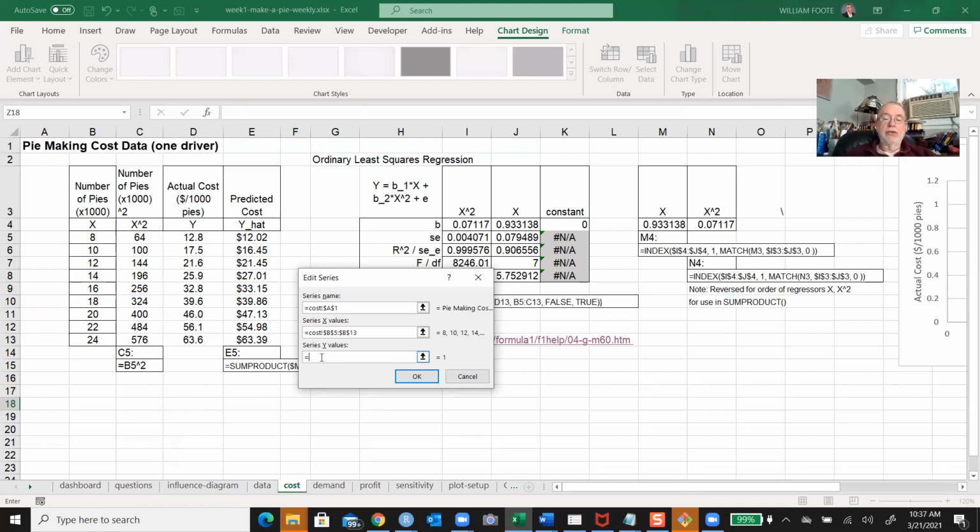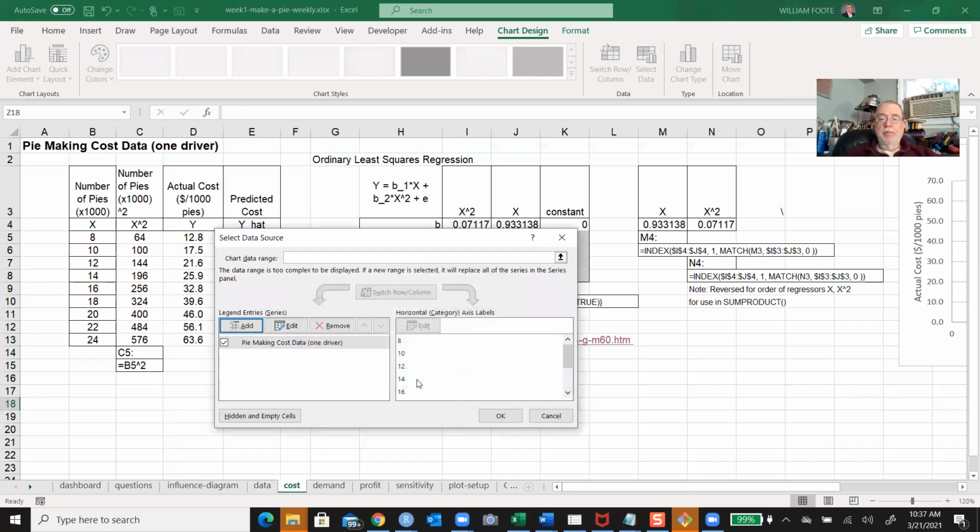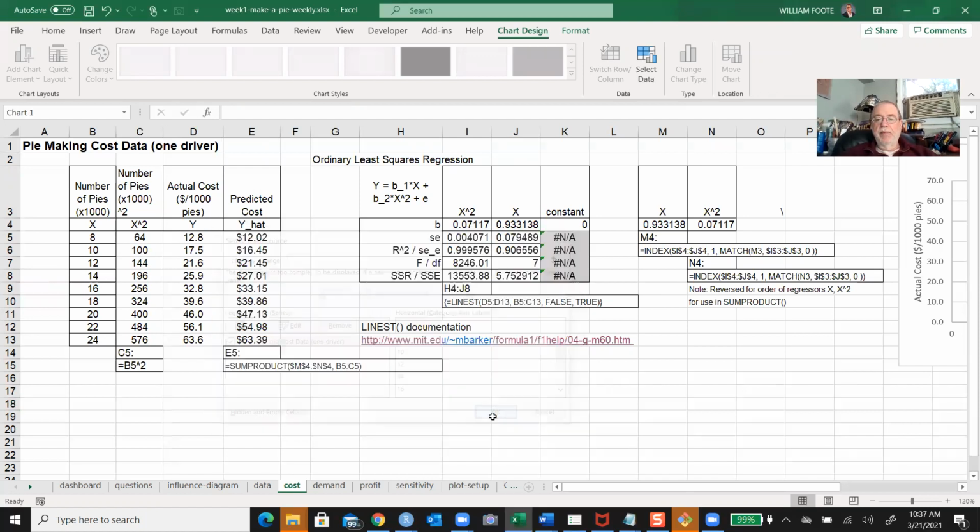The Y values are the so-called actual processing costs per 1,000. And we say OK. And I think that will do it. I never put anything up here in the chart data range. It does have a role, but not for most of the applications that I do.